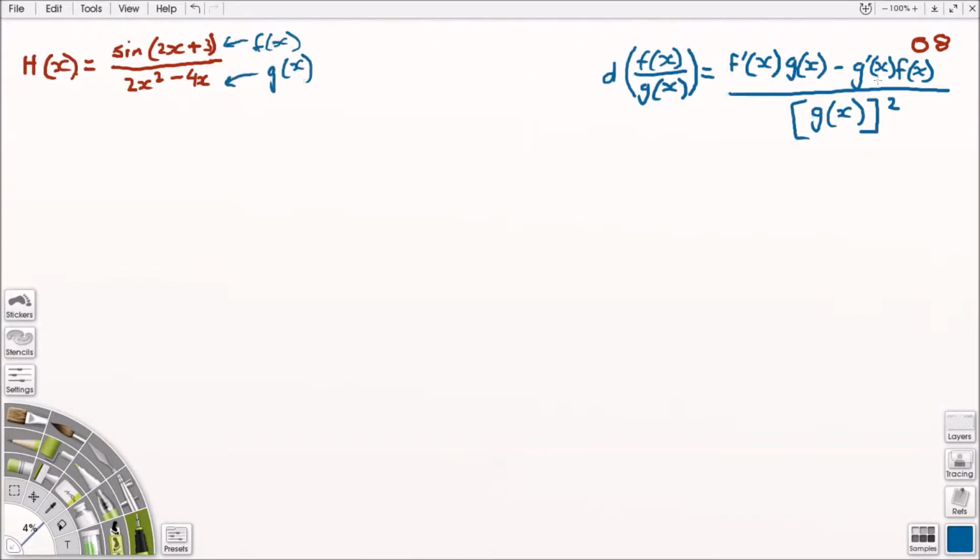In order to derive this whole thing, we're going to need the derivative of f of x.